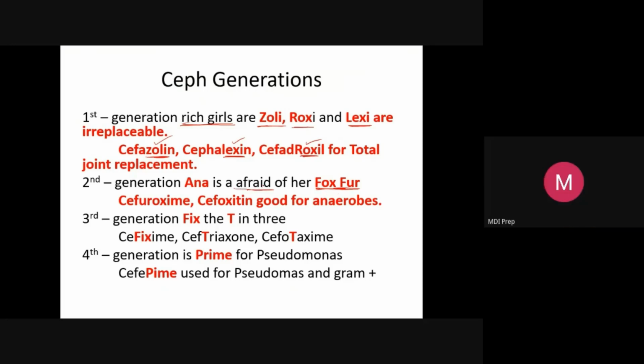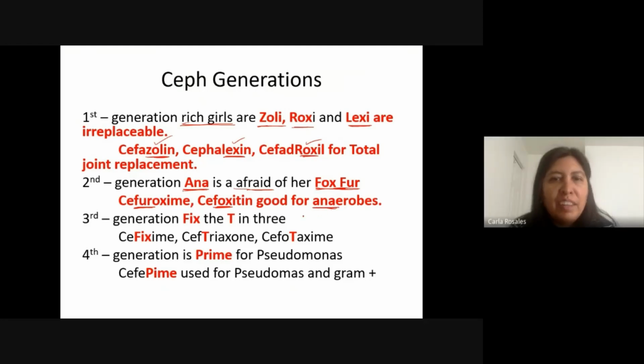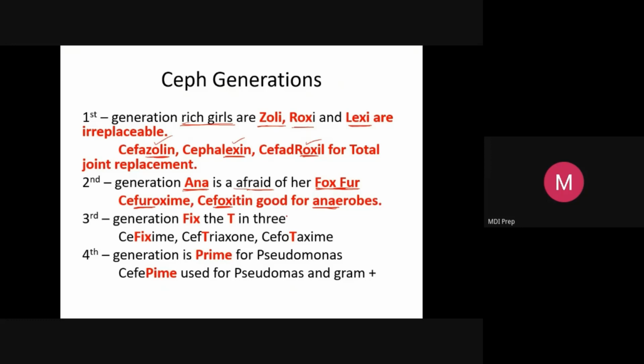She wants it because it's expensive, but she's afraid of it. Her name is Anna. So look at this. Ceph fur, that's the fur coat, cephalosporin, and it's a fox fur coat, cefoxitin. You see that? And they are good for who? Anaerobe. Anna. Anaerobe. Anna. You got it?